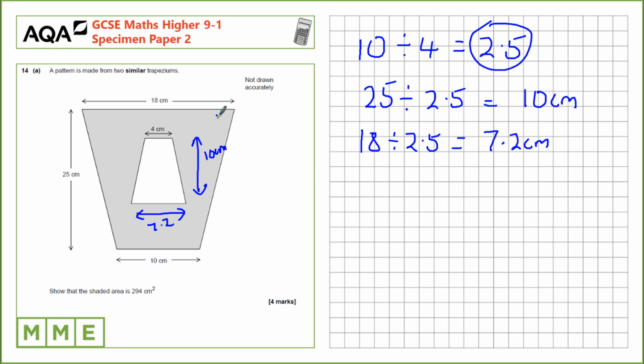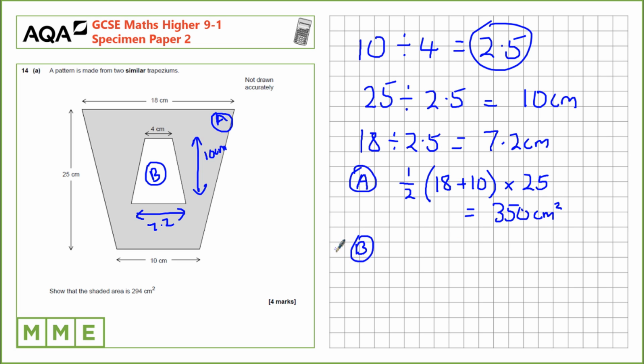If we call the large trapezium A and the small one B. So area of A, to find the area of the trapezium, we need to average the two parallel sides. That's a half of 18 plus 10, and then multiply by the height. That's 25. Gives us an area of that shape of 350 centimeters squared.